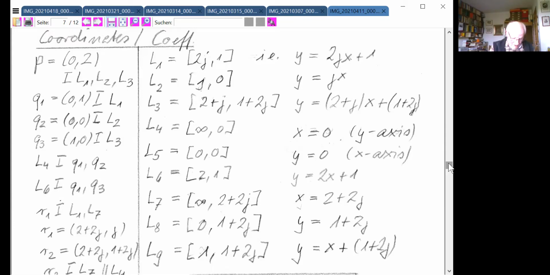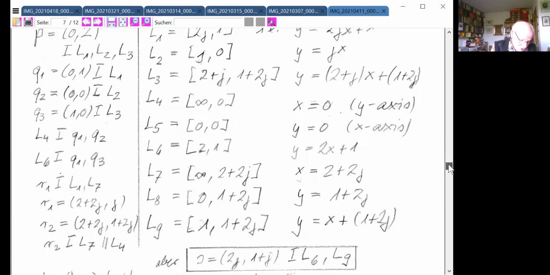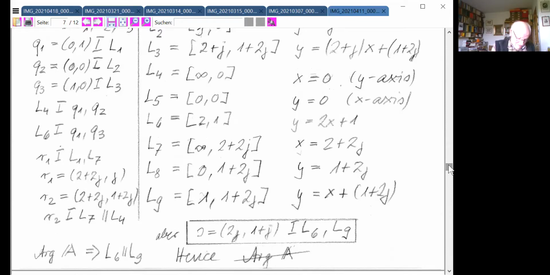And after some fiddling and some computation, it turns out that L9 and L6, which should be parallel if this axiom would be valid, are not parallel, but we have a common point S, 2j, 1 plus j.